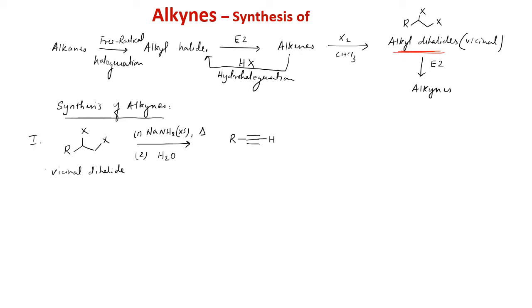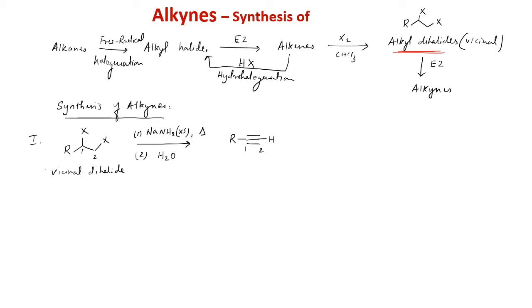Okay, keep track of your carbon count, which is important. Apart from the R group, I had 2 carbons here, and notice how there are 2 carbons here. So we get the H, so we get an alkyne. Now the mechanism of how this reaction works is again beyond the scope of what we are doing here.